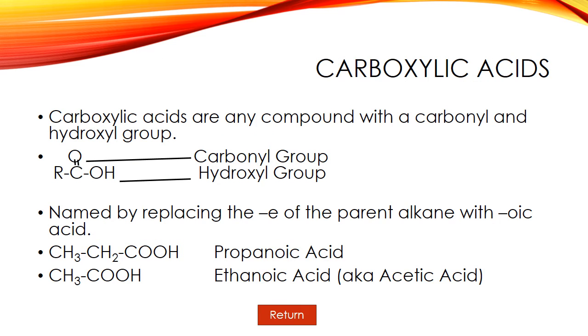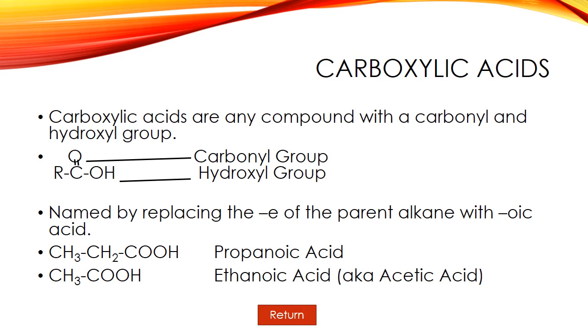Now carboxylic acid, I don't think I mentioned it before, but that C double bonded to O, that functional group is called a carbonyl group. And I already mentioned that OH is a hydroxyl group. If you have both a carbonyl and a hydroxyl, it loses its alcohol behaviors and actually gets acidic behaviors. Now I can't really draw it out here.